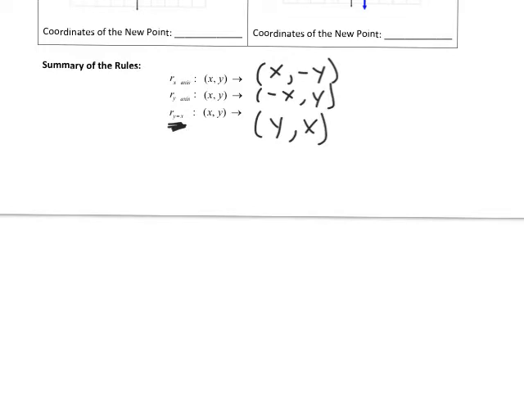These are three rules that would be very helpful to memorize, if you haven't done it already. I know you've done these rules in the past. Again, over the x-axis, I'm negating the y. Y-axis, I'm negating the x. The line y equals x, and remember that was the line at an angle with a slope of 1, I switch x and y.